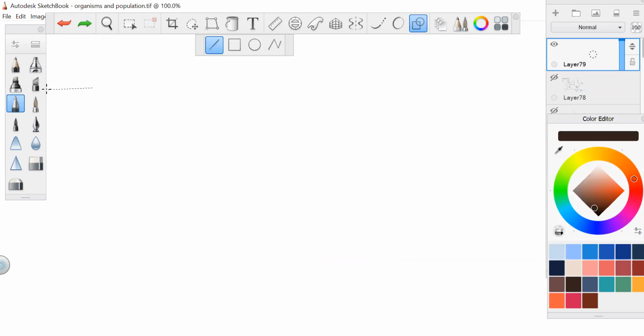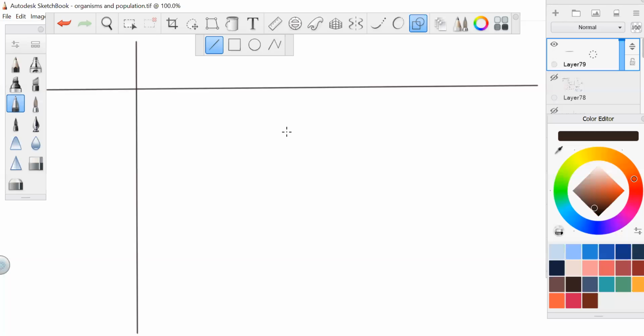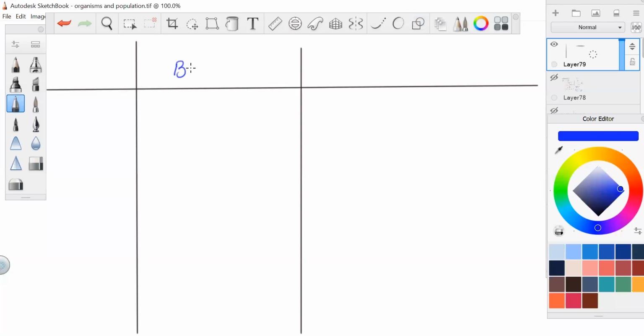Last, coastal biome. That is the aquatic biome.